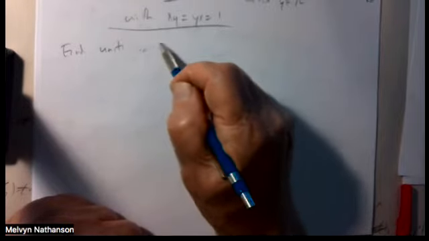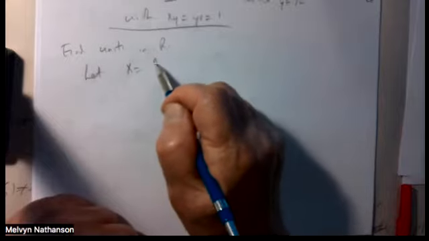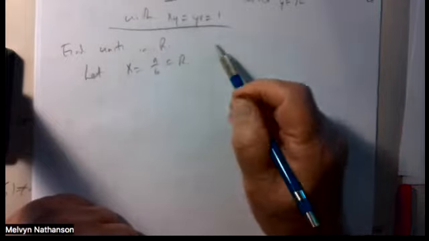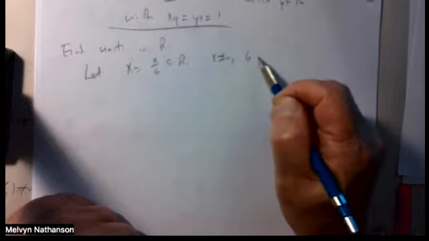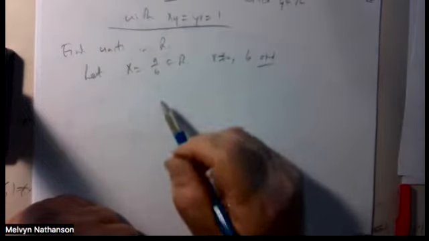So we need to find the units in R1. So suppose we let x be a over b in R1. So x is different from 0 and b is odd.